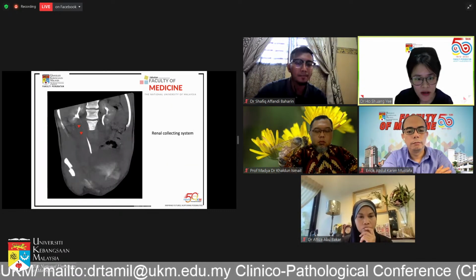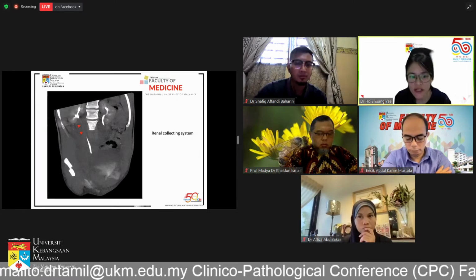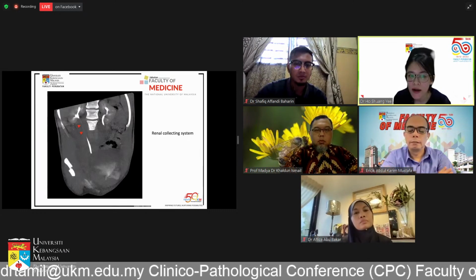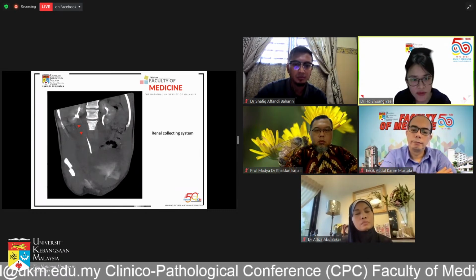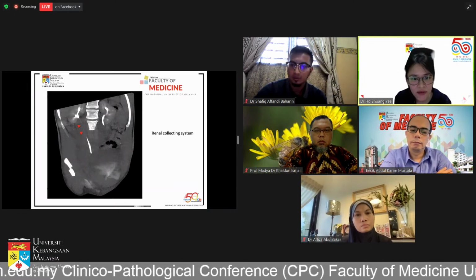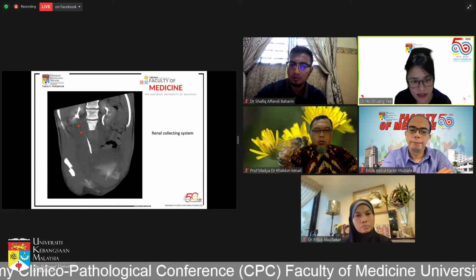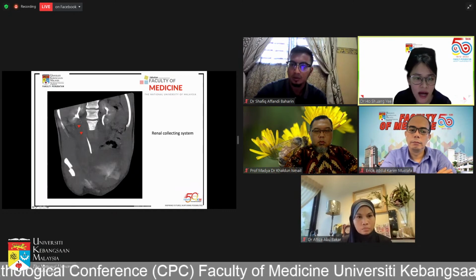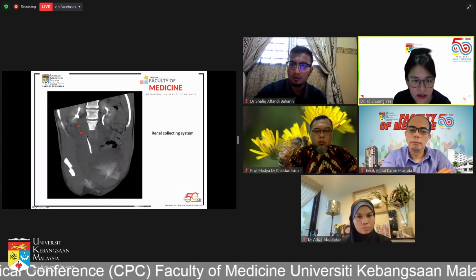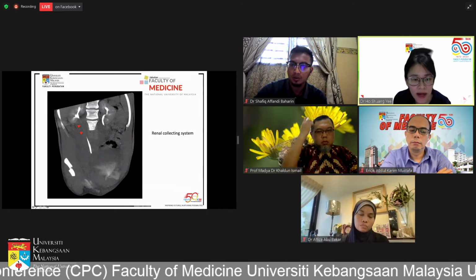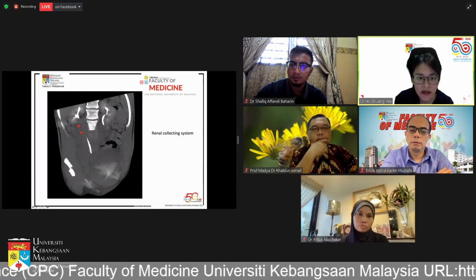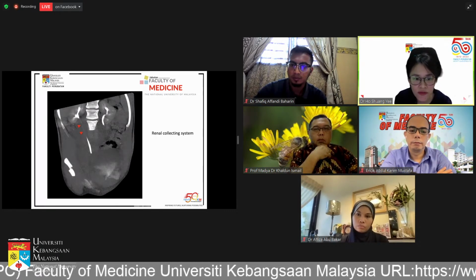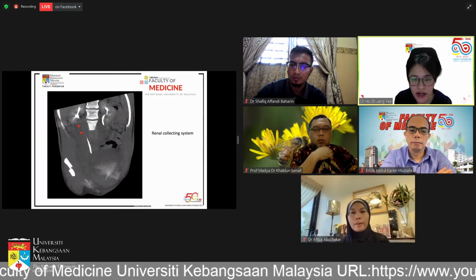Before I conclude on the CT findings of this patient, I'm just showing a delayed phase, showing the collecting system over the right side. We can see that there's a narrowing of the upper to mid ureter due to the surrounding hematoma, but otherwise you don't see any contrast extravasation from the upper urinary tract.